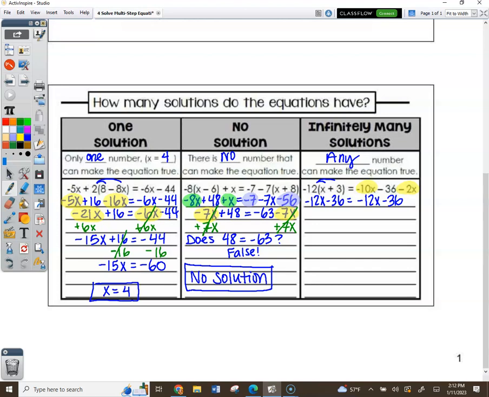If you recognized it, you could notice to yourself, wait a minute, it's the exact same thing. The left matches the right. Do check the signs though. If they were different, then you would proceed. But the signs are not different, they are identical. So you could jump straight to saying infinite solutions.